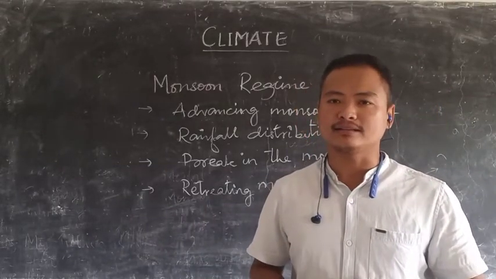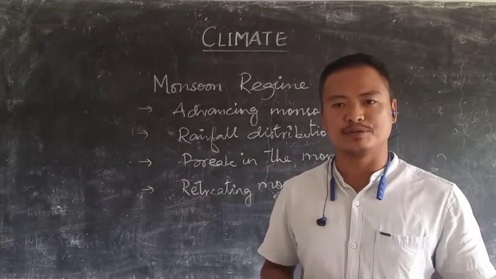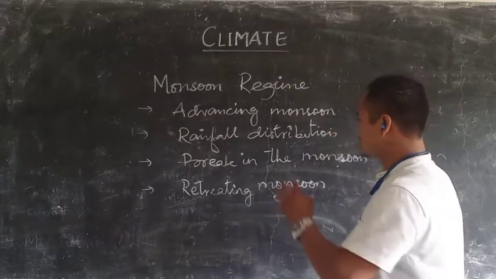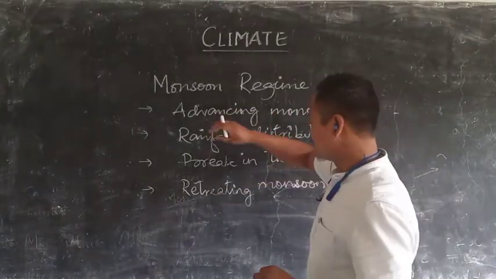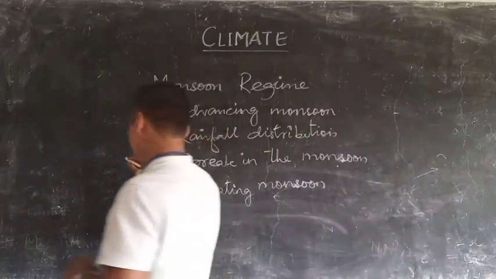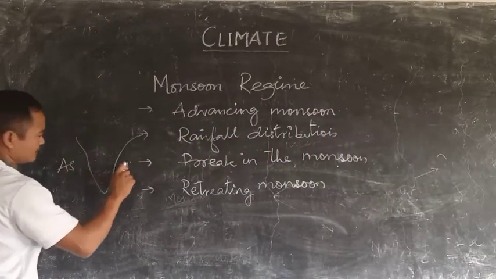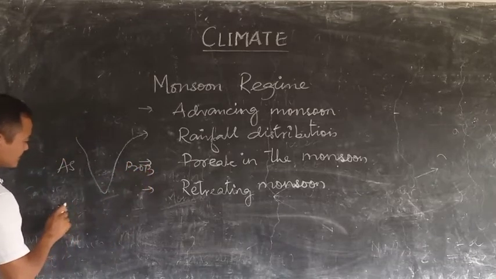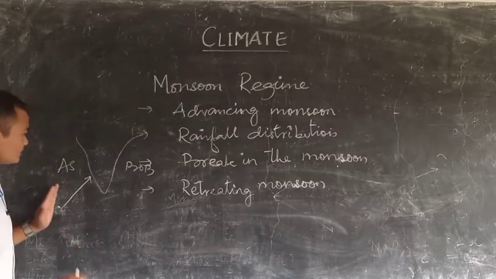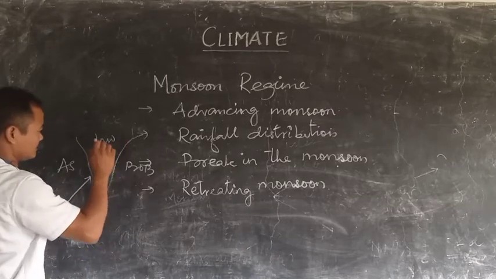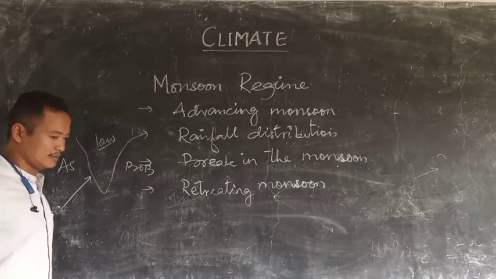The second factor is the low pressure that prevails over the land masses and high pressure over the water bodies. So this is how the southwest monsoon wind is driven from the water bodies towards the land. If you consider this here as the Arabian Sea and the Bay of Bengal, you have the southwest monsoon blowing from the water bodies towards the land masses, because the low pressure prevails over the Indian land masses.